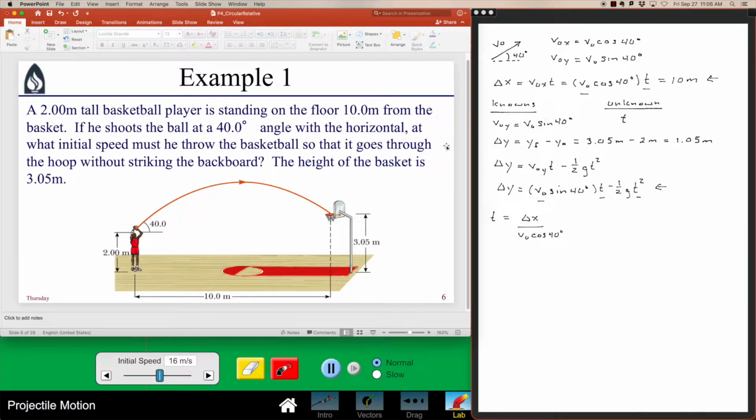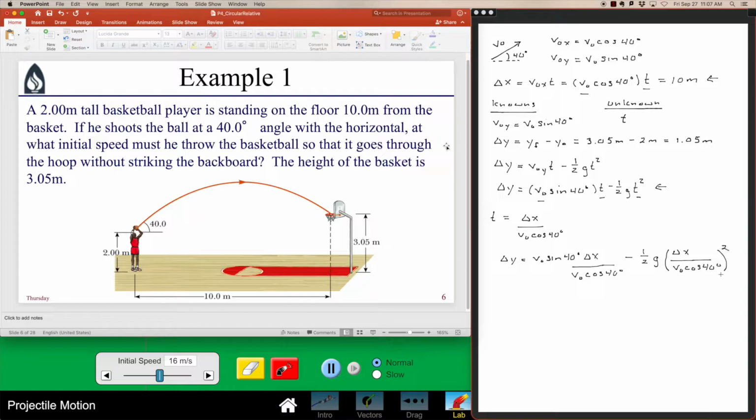So delta y is going to be equal to V naught sine 40 degrees times delta x divided by V naught cosine of 40 degrees minus 1/2 g, and then I take that expression for time, delta x over V naught cosine 40 degrees, and square it.